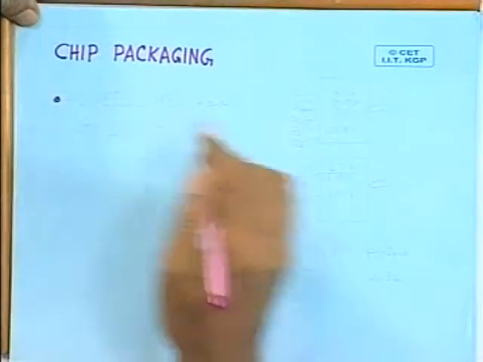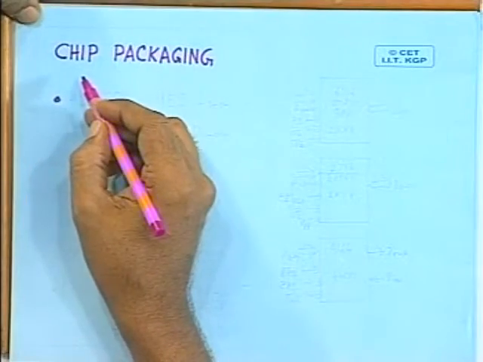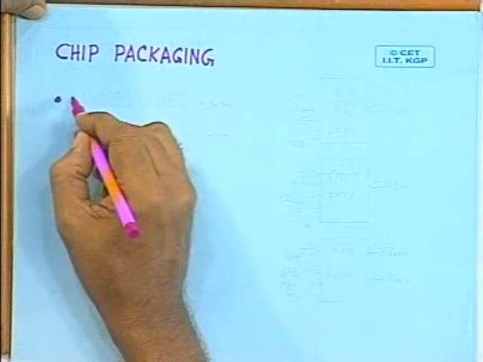Now comes the question of chip packaging. We have discussed the various types of technologies. Obviously, the main memories are all implemented using semiconductor memory technology, and they are available in the form of chips.